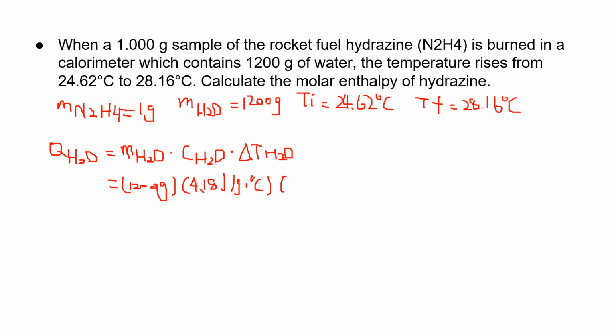This is the unit for the specific heat capacity. We can get this from a specific heat table or search on the internet. And also times the temperature difference. In this case, it's 28.16 minus 24.62, so it's 3.56 degrees.